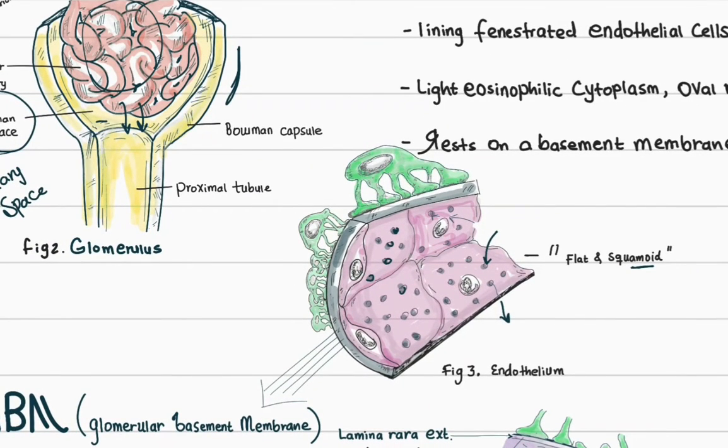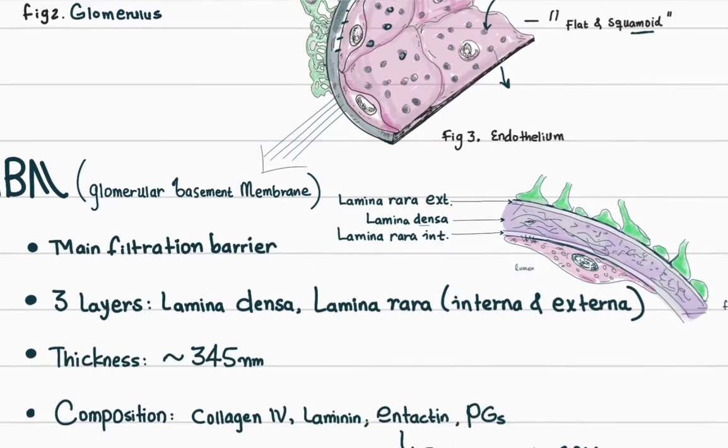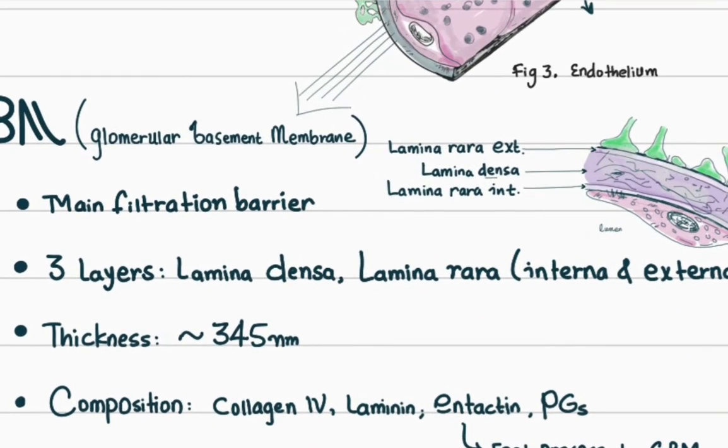Each endothelial cell lies upon a basement membrane, called the glomerular basement membrane. What is this structure? It is a trilaminar structure, which means it has three layers, and it functions as a filtration barrier.